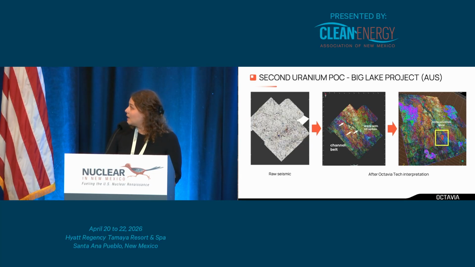Another example is in Australia, and on the left you can see what the raw seismic looks like. When you look at it, you will not see anything. You need to apply advanced mathematical formulas and play with different attributes. In this case, I used spectral decomposition. It's a range of frequencies to highlight and see the geological features better.